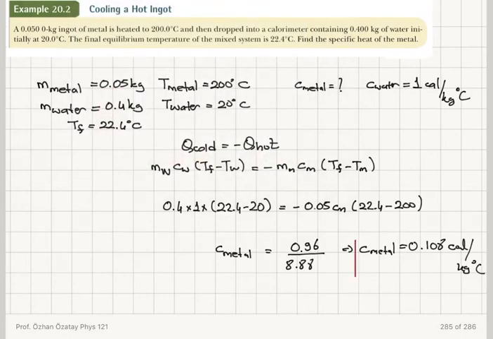So we were able to measure the specific heat of the metal by using the calorimetry technique here. So this is one demonstration of this measurement.